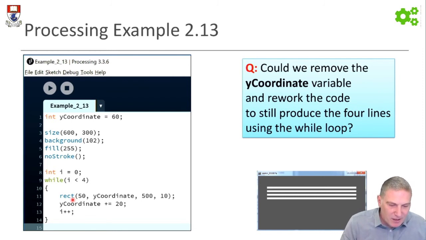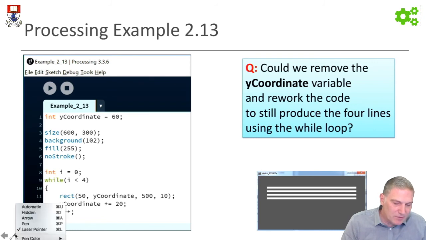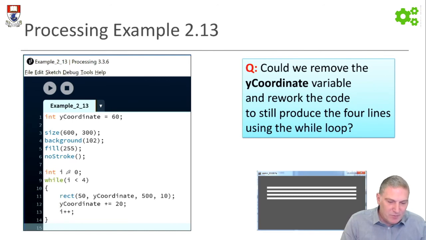So, just before we answer that question, let's take a look at what's happening in the loop here. Might just change this to pen. So we have our loop control variable, or LCV. We're setting I to 0. We have our while loop while I is less than 4.